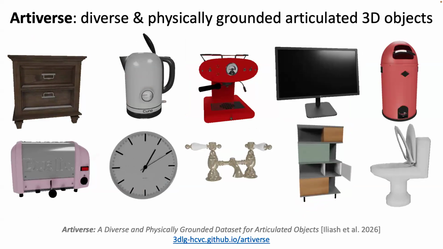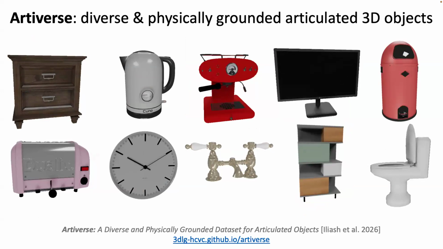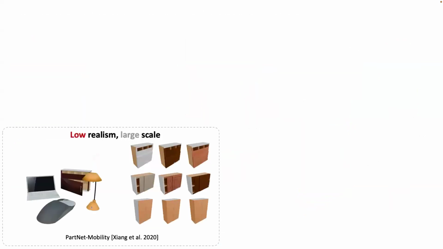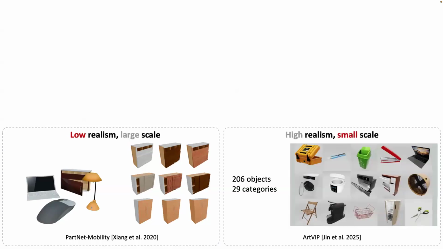And the focus here is to enlarge the scale, but also the diversity of objects that are available for interaction in simulation. The problem that is being tackled is, of course, that there are two families of prior work, works that have scale but low realism, and works that have high realism, high diversity, but small scale, right, of these synthetic and interactive 3D objects.